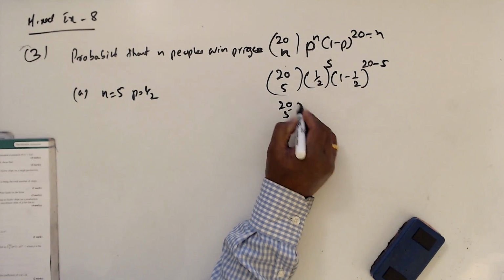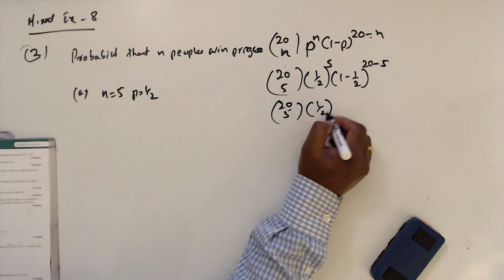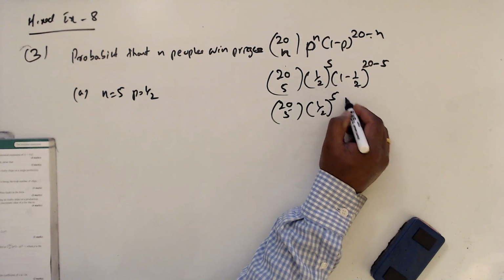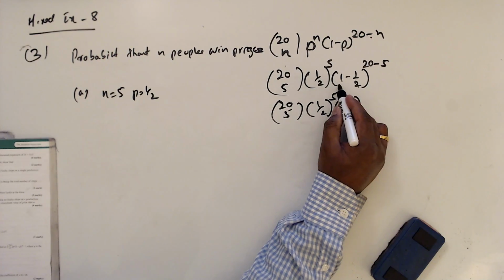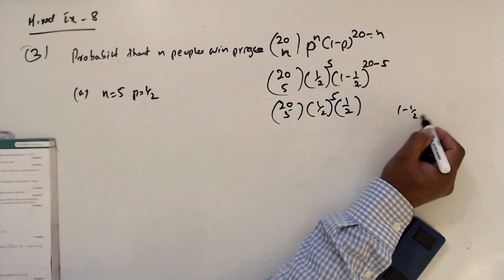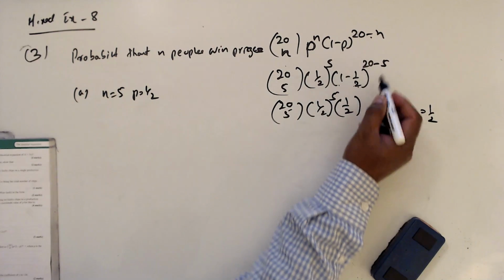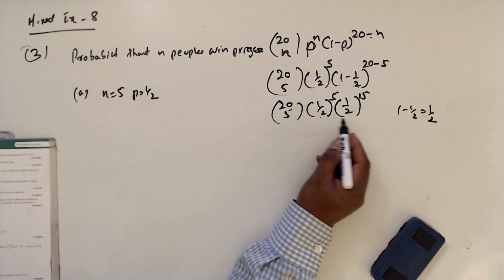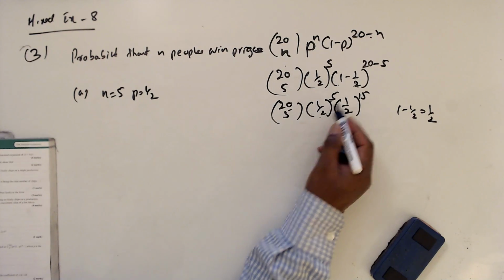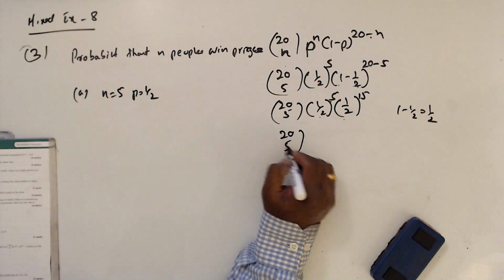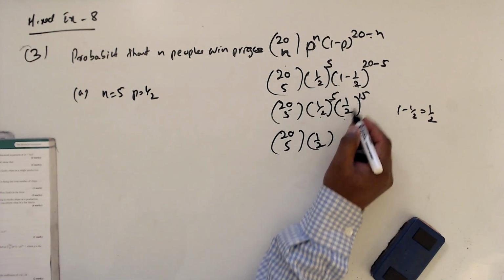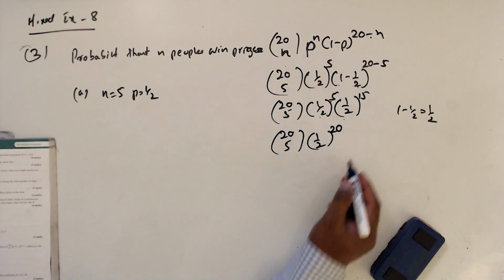So 25, this is half to the 5, 1 minus half is also half, and 20 minus 5 is 15. Now the base is the same, so you can add these together. 25 times half to the power 15 plus 5, 20.